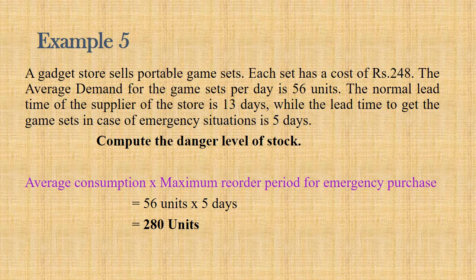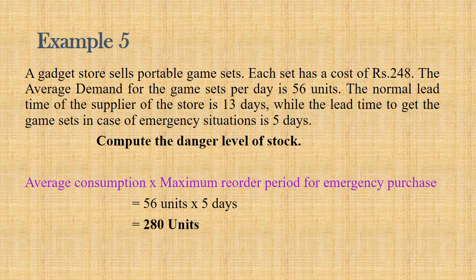The normal lead time of the supplier of the store is 13 days, while in case of emergency, the lead time is 5 days. We know that the formula for danger level is average consumption into maximum reorder period for emergency purchase.